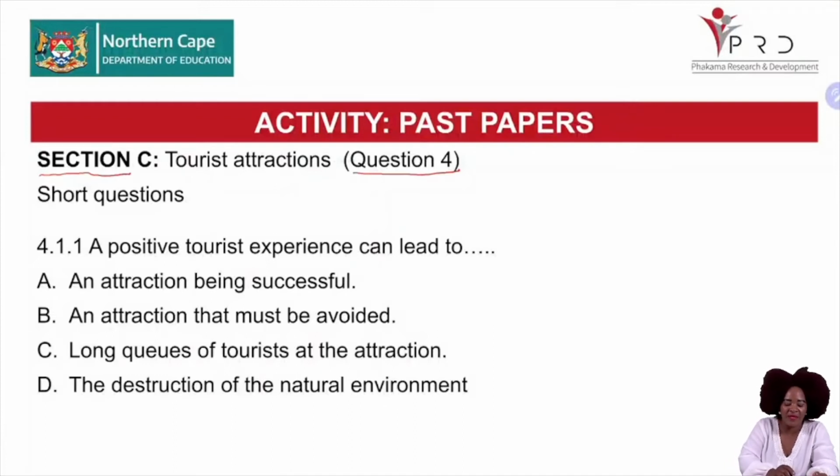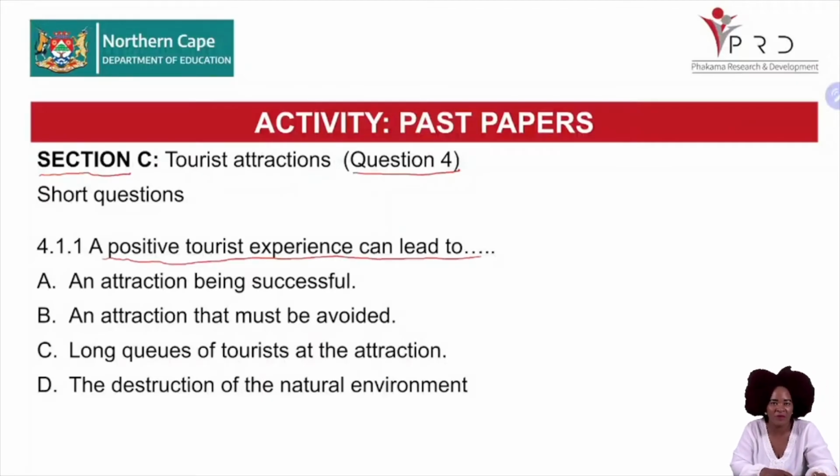So here it says a positive tourist experience can lead to what? Grade 12 learners, can it lead to an attraction being successful? That is A. Can it lead to an attraction that must be avoided? Can it lead to long queues of tourists at the destination? Can it lead to the destruction of the natural environment? So I want to believe you have already chosen your answer there.